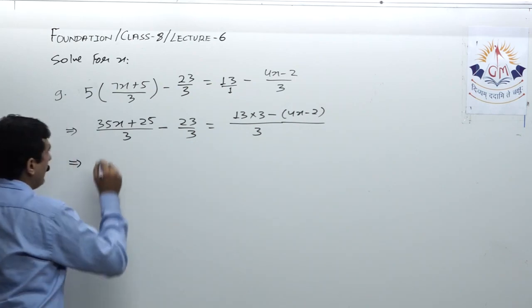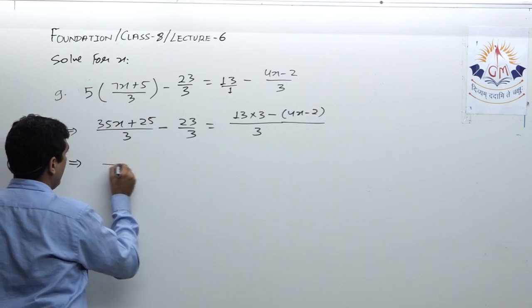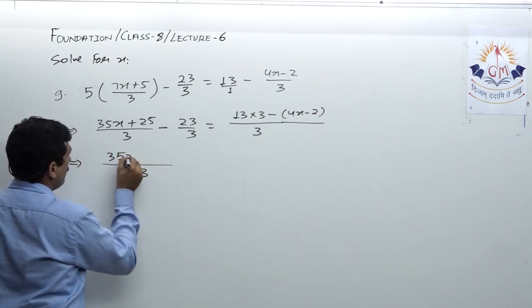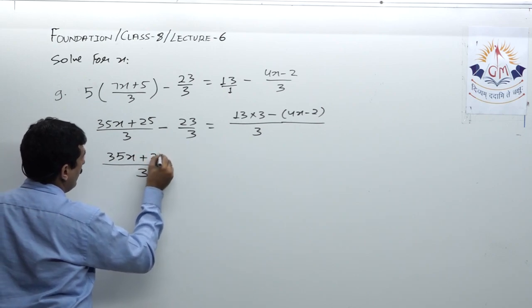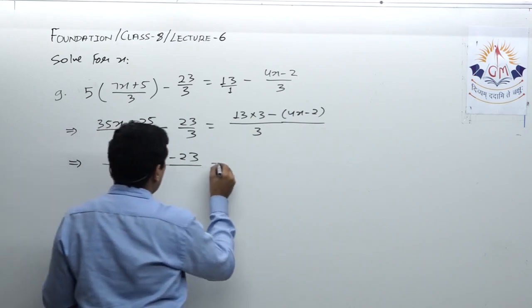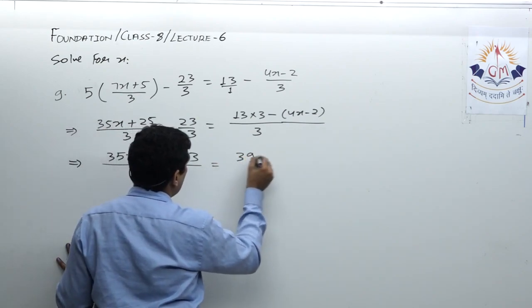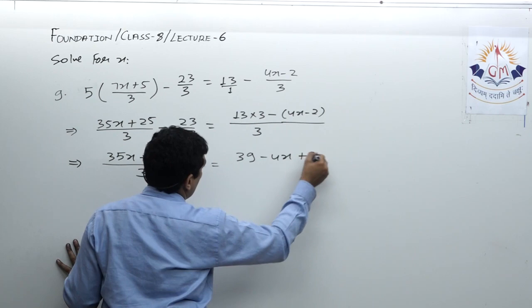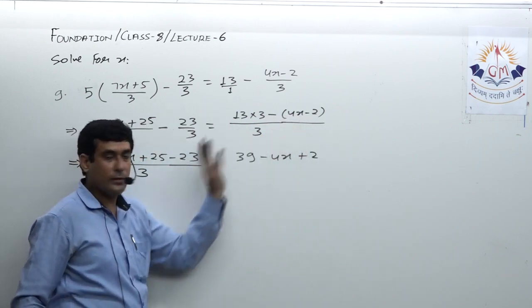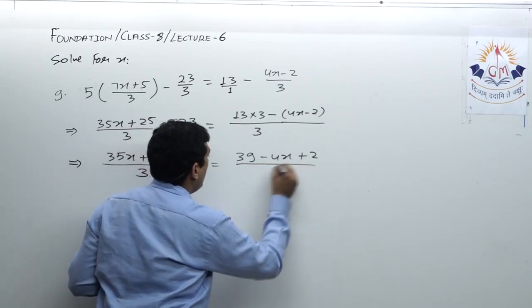Now 35x plus 25, now here if I take LCM it will be 3. So 35x plus 25 minus 23 is equal to 39 minus 4x plus 2. If I open the bracket, here positive will become negative, negative will become positive, divided by 3.